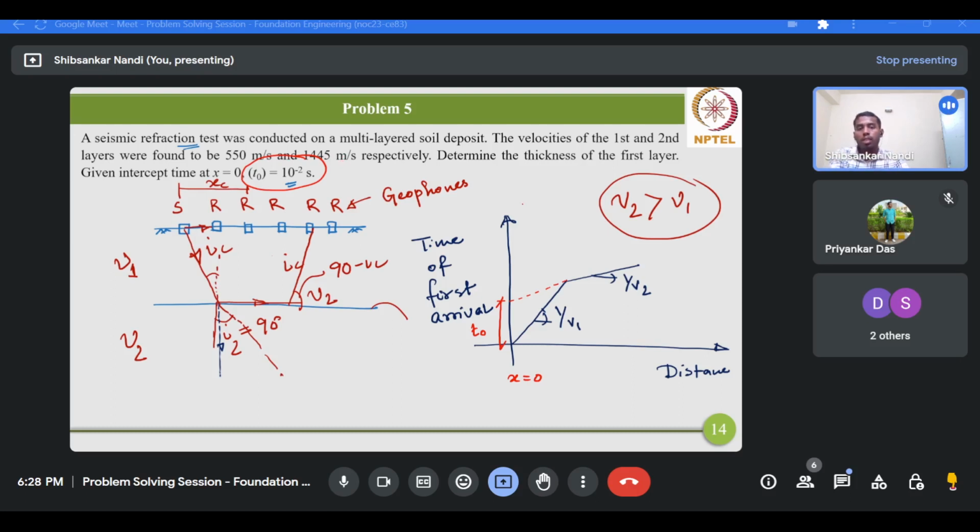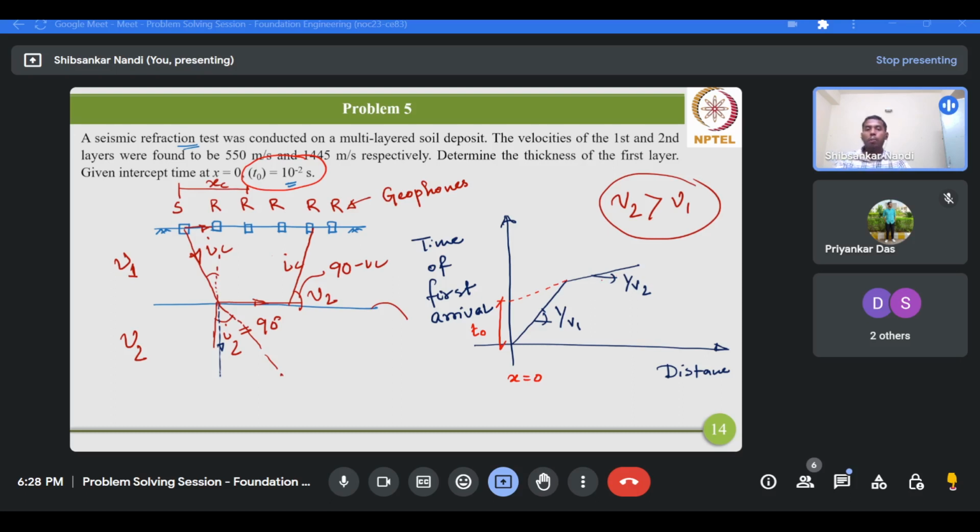This type of data, this kind of plot, you can easily get after conducting this kind of seismic refraction test, and you can easily identify the variation in the gradient, and accordingly you can define the gradient, and you can relate this gradient with the respective layer velocity.